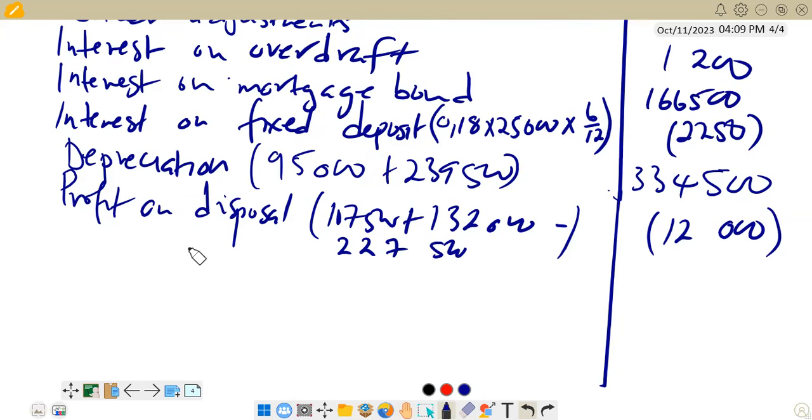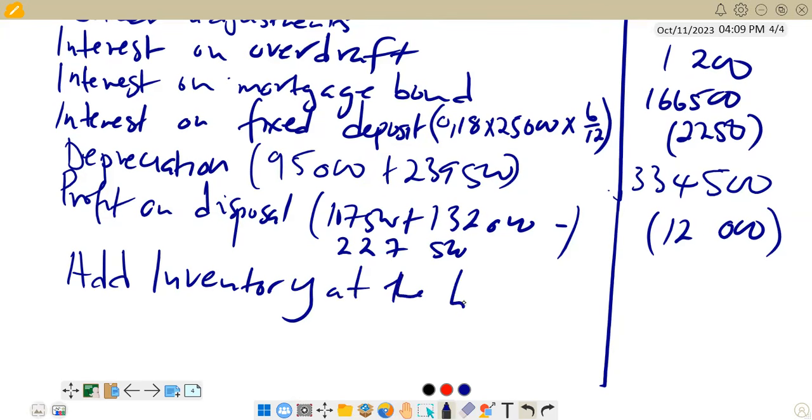So let's start with inventory. We add inventory at the beginning. Inventory at the beginning, let's check the figures that we have there.